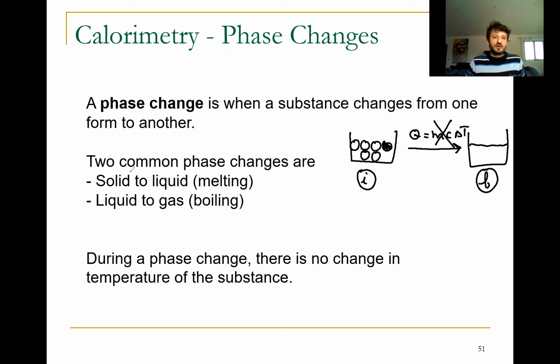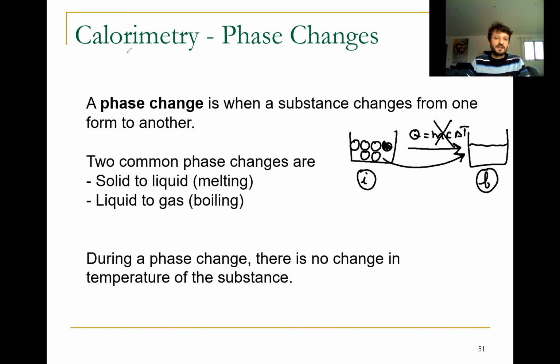Two common phase changes are, in general, a change of phase from solid to liquid. Like in this case, we change the solid to liquid. Here we can say melting.